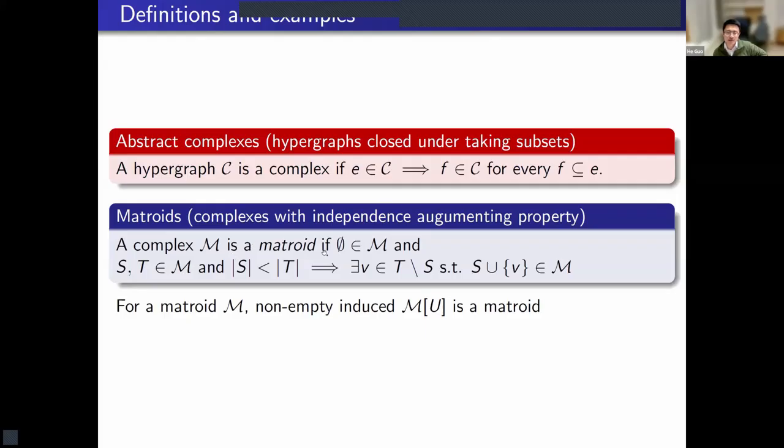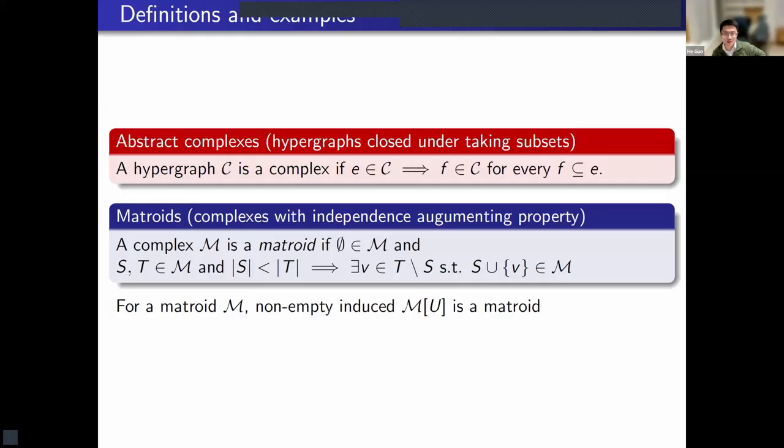We do not want M to be trivial, so we assume that M is non-empty, which means the empty set is an edge of M. Furthermore, it satisfies one more condition, called the independence augmenting property: if you have two sets I and J in your matroid M, and I is of size less than J, then you can pick one element v from the larger set J minus I such that if you add v into the smaller set, what you get is still a set in M. That is called the independence augmenting property.